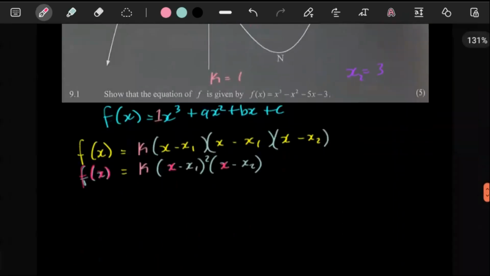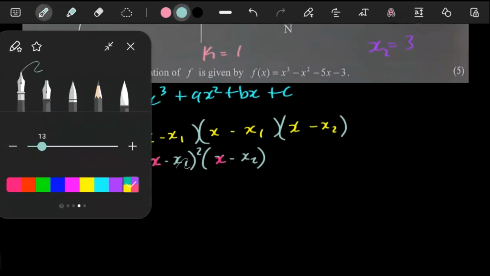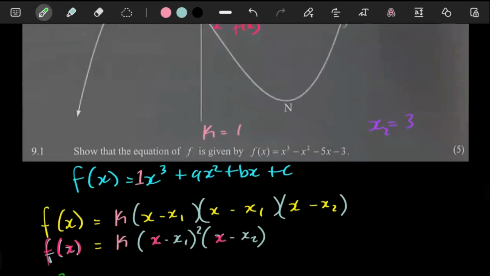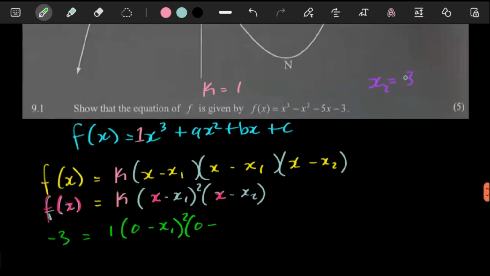So let's put all that information in our equation so we can work out what is holding back everything. We said it is going to be a -3 because of this, and then k is a 1. This x value, we put as a 0. This we can just put x1 there. This is also going to be a 0 minus a 3.